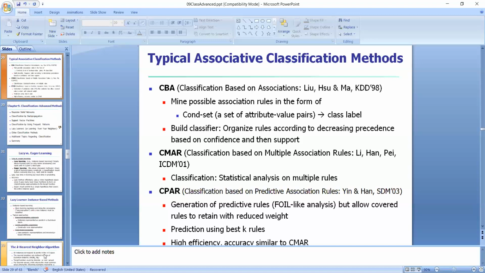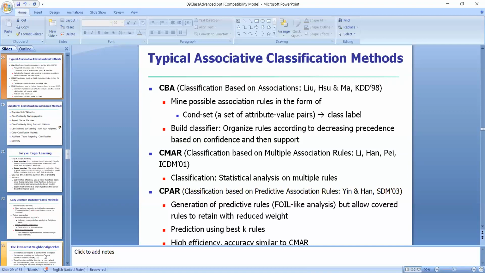So what we are doing in CPAR is slightly different from CMAR. Suppose more than one rule satisfies a new tuple X. The rules are divided into groups according to the class, right? But CPAR uses the best K rules of each group to predict the class label of X, not all the rules.